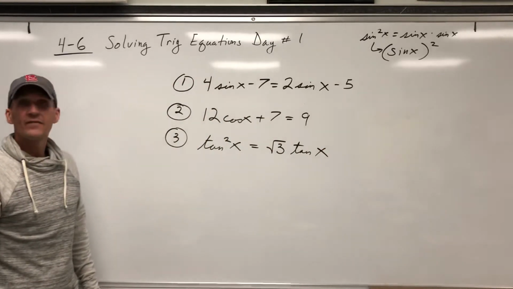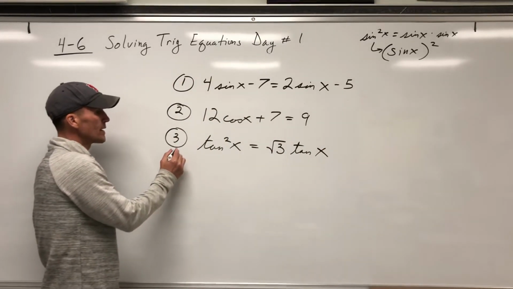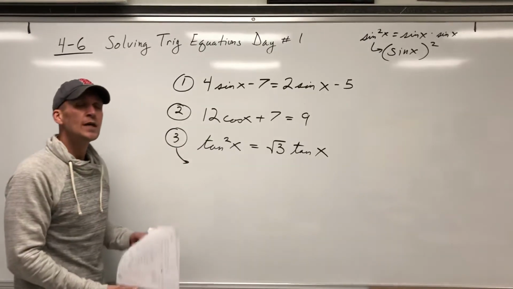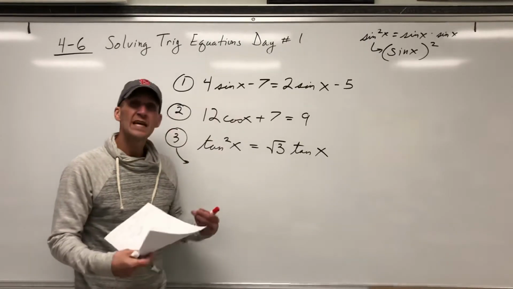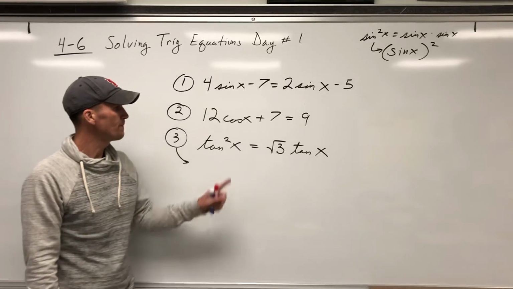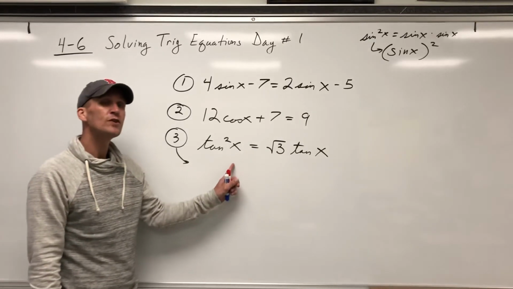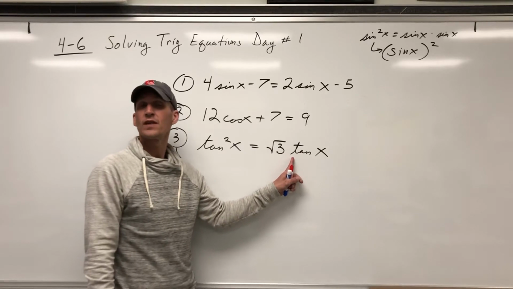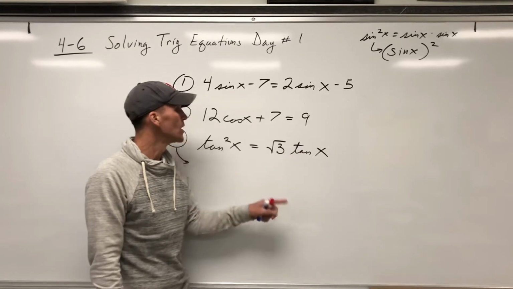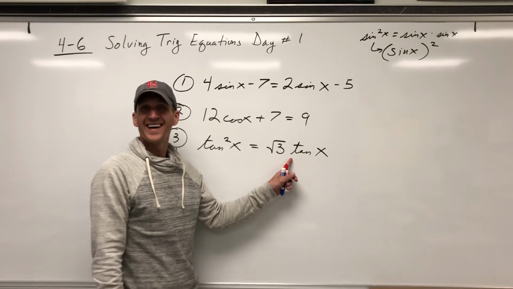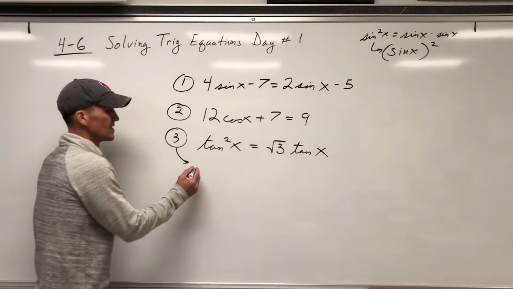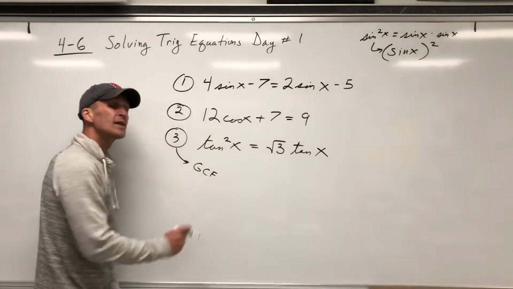Now, here I'm going to give a little hint for number 3. The hint for number 3 is, in our notes, we used bottoms up factoring. There will be a factoring you have to use here after you get everything on one side, okay? So, when you move everything on one side, the hint is try greatest common factor.